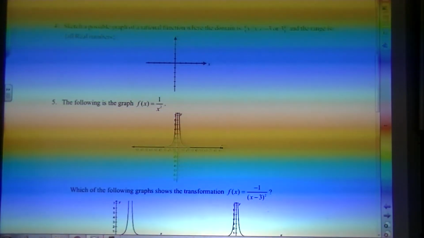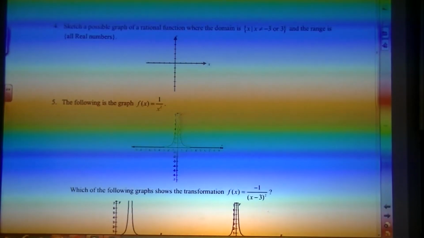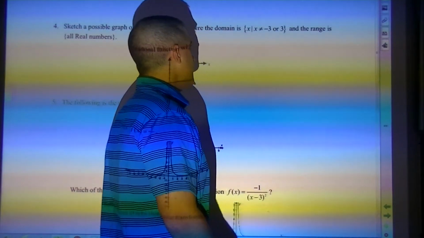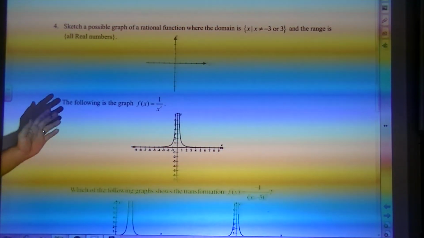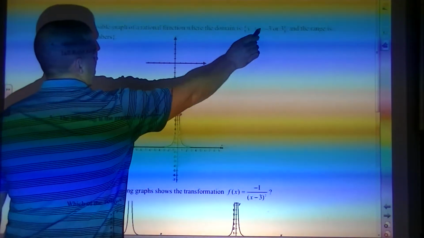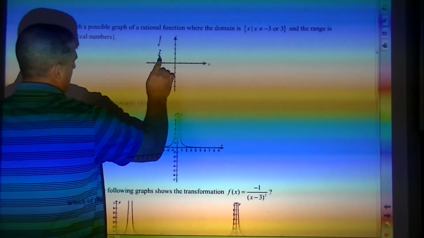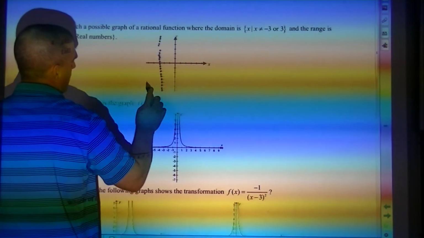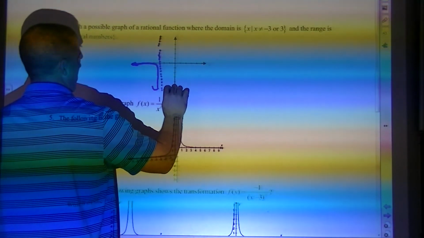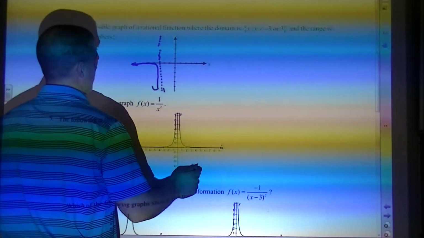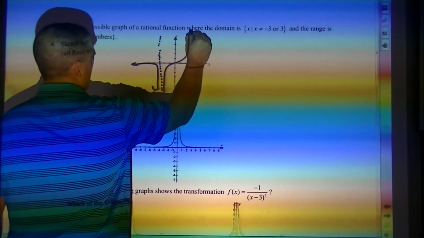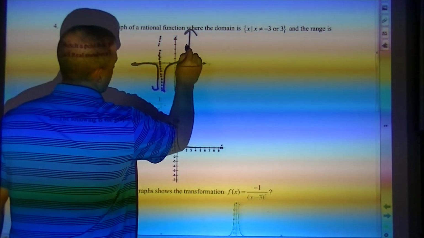Sketch a possible graph of a rational where the domain can't be 3 or -3 and the range is all real numbers. Now the idea here is you're going to see this is going to be a multiple choice based question, but one concept, if it's not at -3, you could have something that looks like this, and you could have a curve like this with a hole at 3.